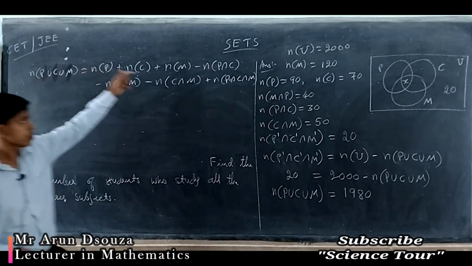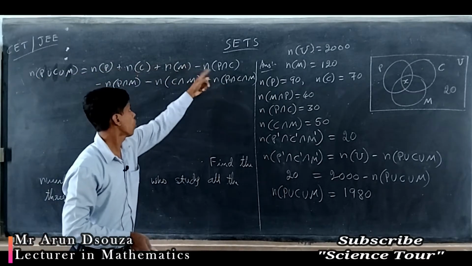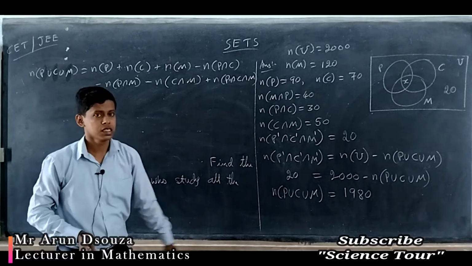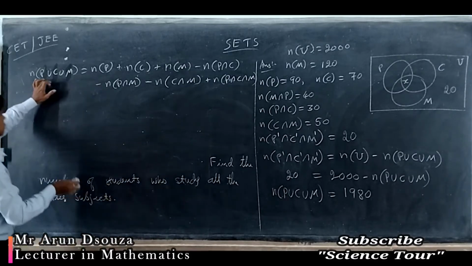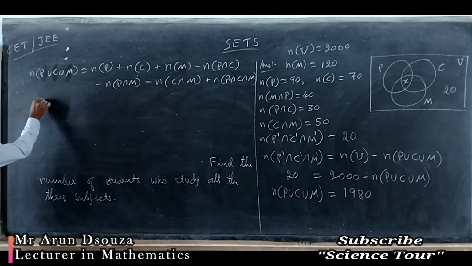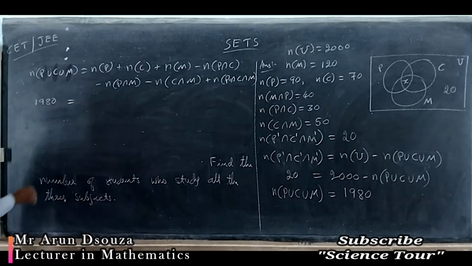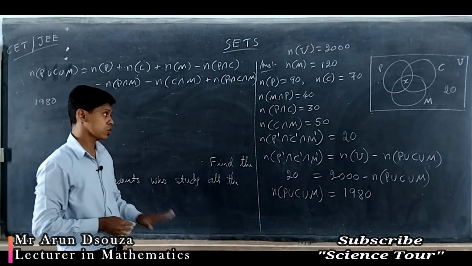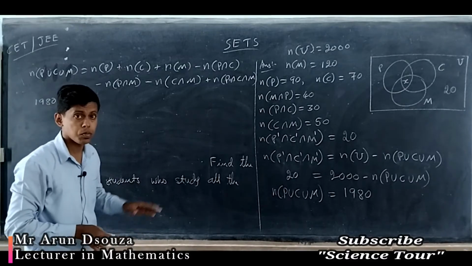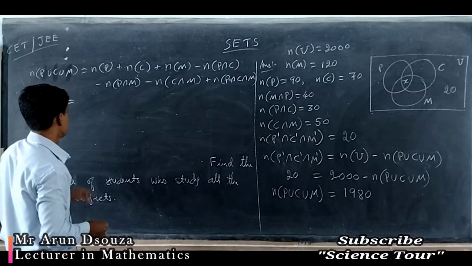We know this, we have to find this, and we know all the other data. So now it is so much easier. So substitute here. This is not 2000, keep that in mind. Universal and union are not the same here. Please note that point. If you understand that point, then this question has no more difficulties.